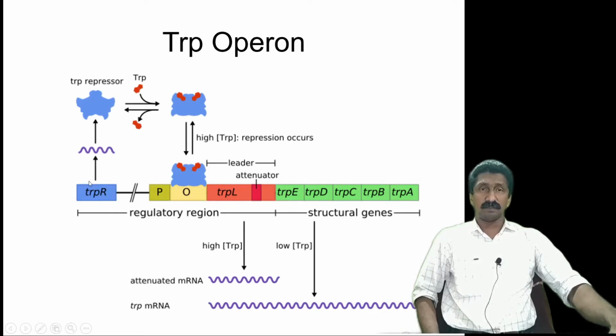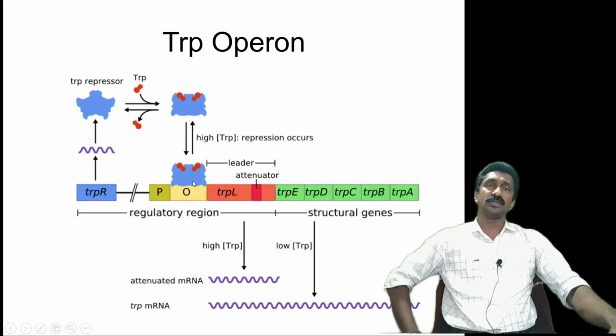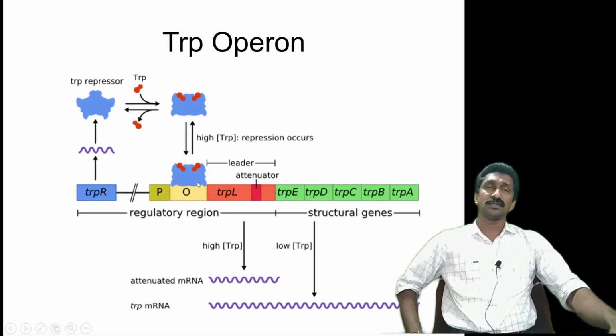This is the trp repressor gene, which codes for the mRNA and trp repressor protein. This trp repressor forms the active repressor by binding with tryptophan molecules. So two tryptophan molecules are required for the trp repressor to become an active repressor, and that active repressor will bind to the operator region. And this is how the negative regulation works in the trp operon.